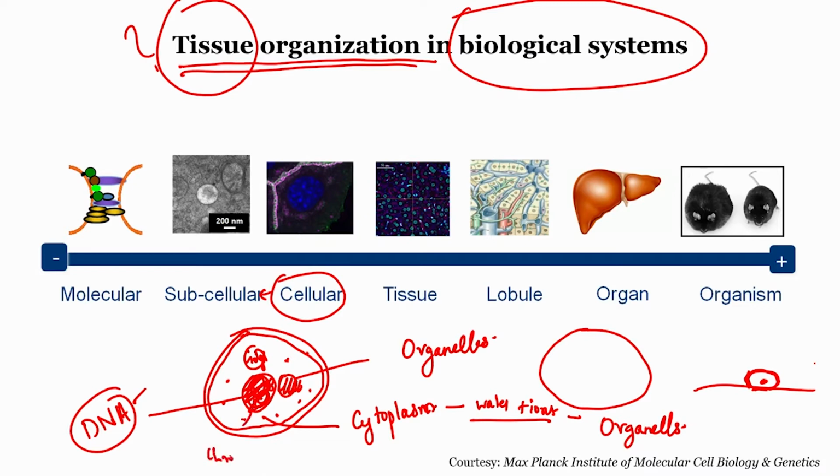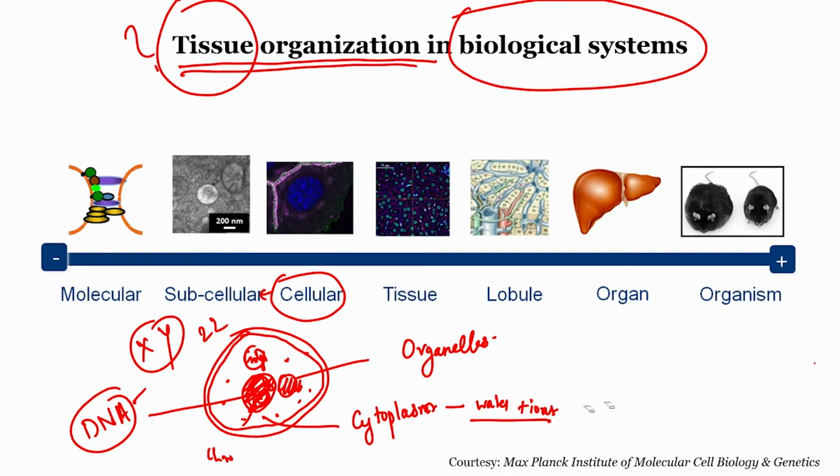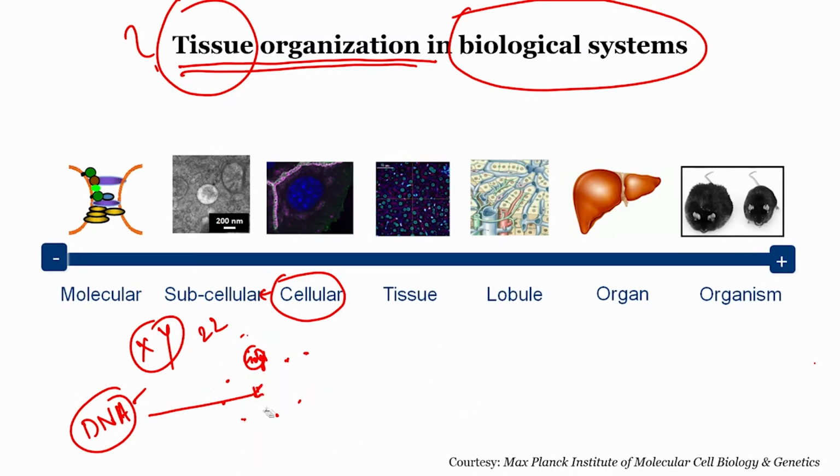All of you might have heard about the XY chromosomes, 22 pairs and all, right. These are all basic knowledge. And the cell membrane limits the shape of the cell and makes it stick together as a single entity. So, this is the basic structure of the cell. This is important because this will define how we understand the electrical equivalent model of the cell. Okay. So, I think this is clear to you.